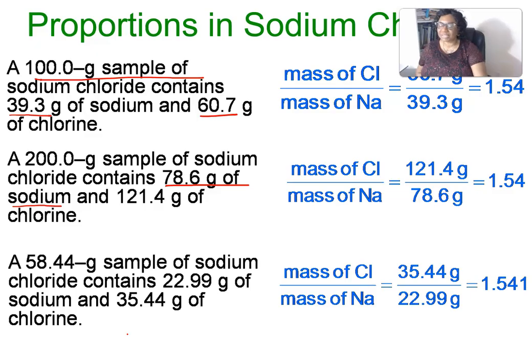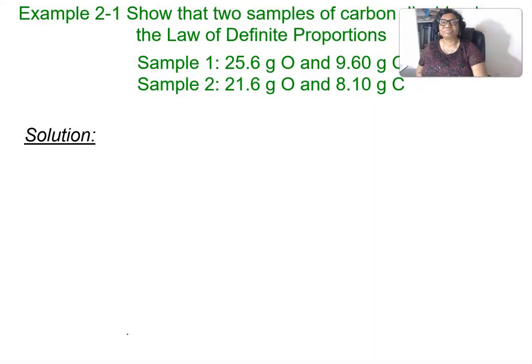Let's take another example. We are trying to validate the law of definite proportion. The question reads: show that two samples of carbon dioxide obey the law of definite proportion.